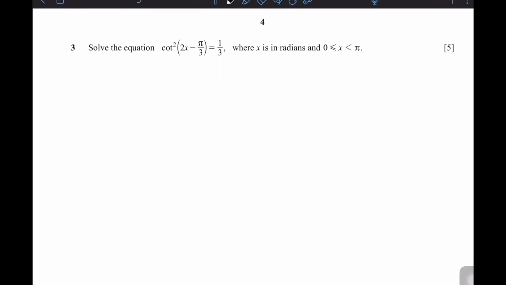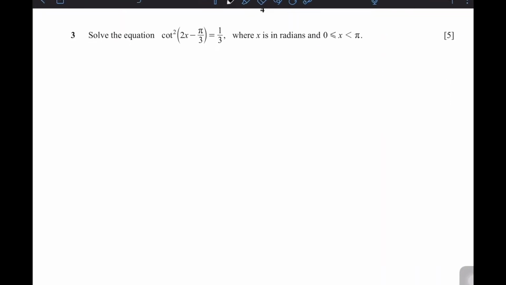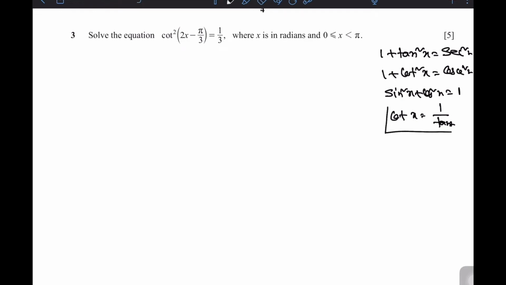Let us go for question number 3. Solve the equation cot squared (2x minus pi by 3) equals 1 by 3, where x is in radians and its range is 0 less than or equal to x less than pi. It is very useful for us in these maths that we can substitute cot by tan.